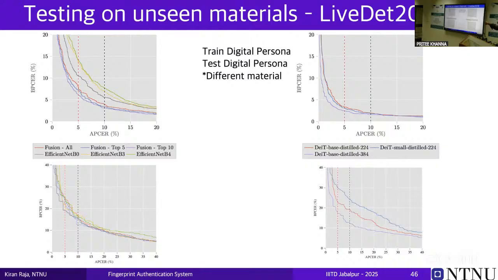As soon as you have a different material used for creating the fake fingerprint, you see the error rates go up. The 10% that was the error I was getting before, now, just by changing the material, increases to approximately 18 or 20%, right? So this is the reason why you need to look at the solution and try to generalize across different kinds of materials.